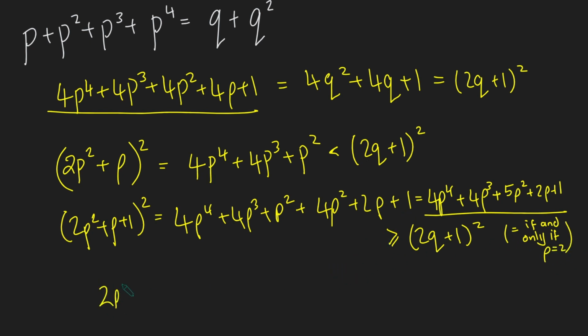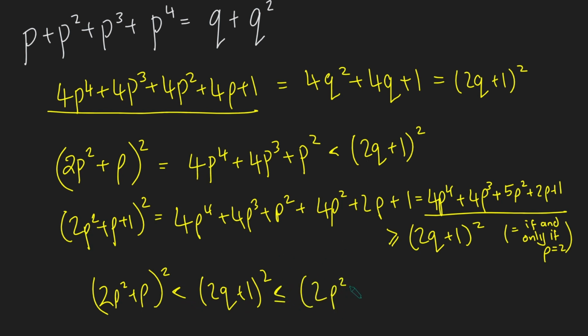Cool. So what have we got here? We've got that 2p squared plus p squared is less than 2q plus 1 squared, which is less than or equal to 2p squared plus p plus 1 squared. So these are all square numbers. So in fact, I can just get rid of the squares here. And now I get that 2p squared plus p, which is an integer, is strictly less than 2q plus 1, which is less than or equal to 2p squared plus p plus 1.